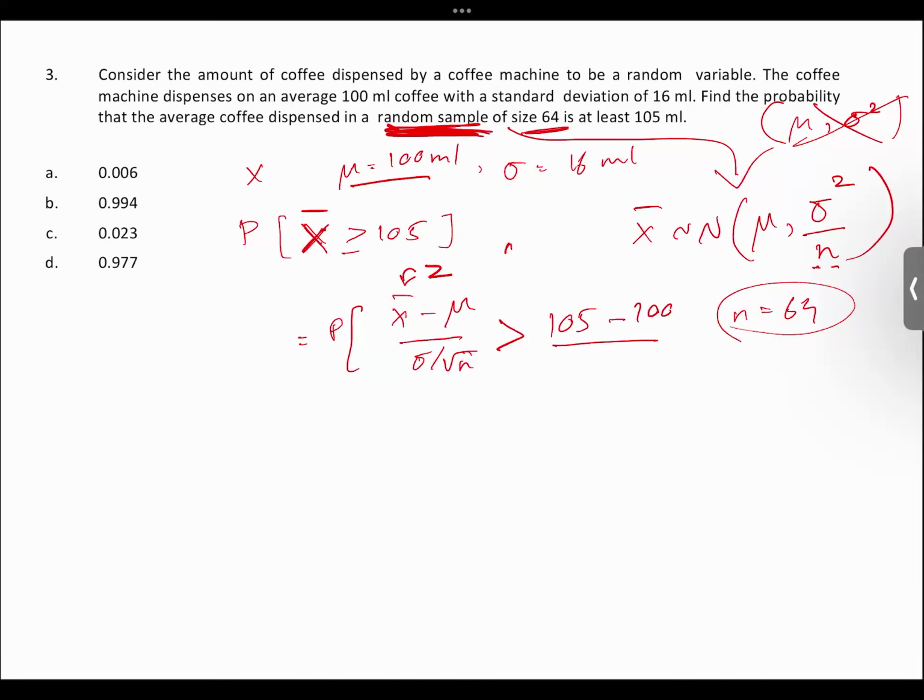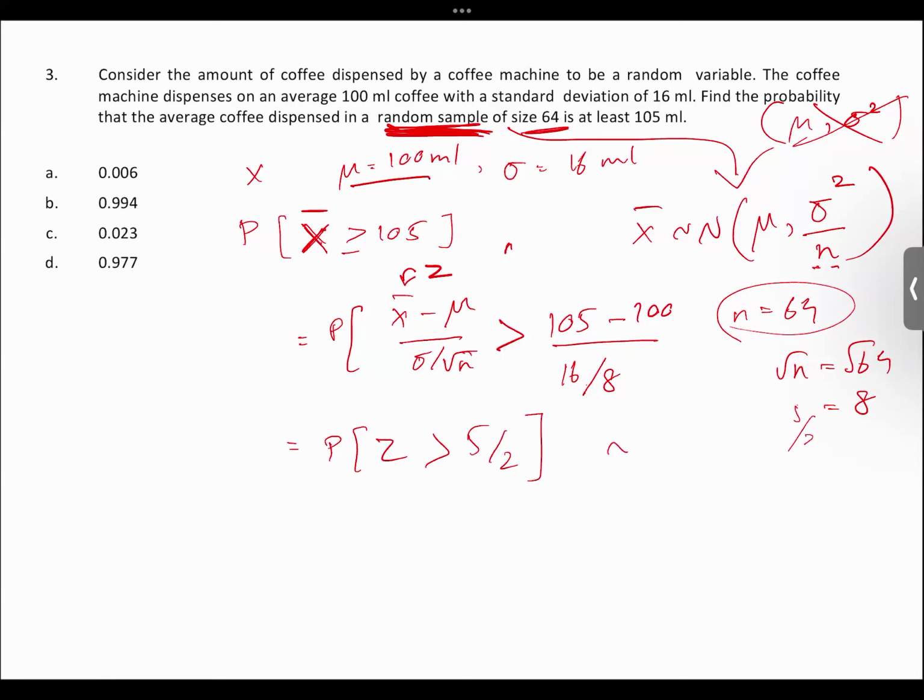Sigma is 16 divided by root of 64. Root of 64 is equal to 8. So you write 8 here. So if you solve this, you'll have P of z greater than 5 by 2. Yeah, you'll have 5 by 2.